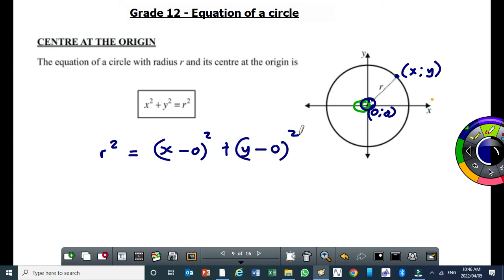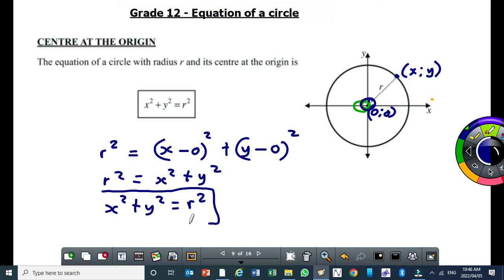And this will give you r squared equal to x squared plus y squared, which in analytical geometry, when we are dealing with the equation of a circle, we just write it as x squared plus y squared equal to r squared. So this is the famous equation. Okay, that's the equation there. That's the equation of a circle which has got a center at the origin.